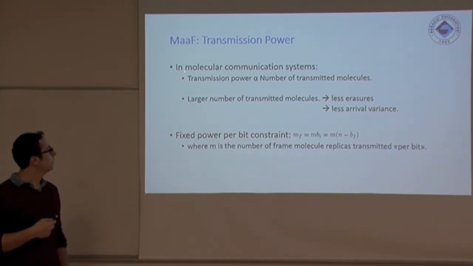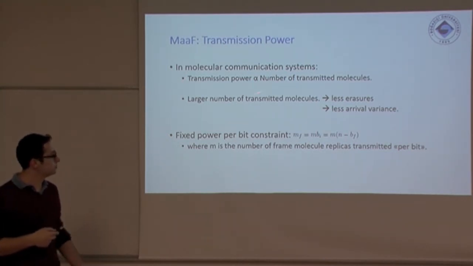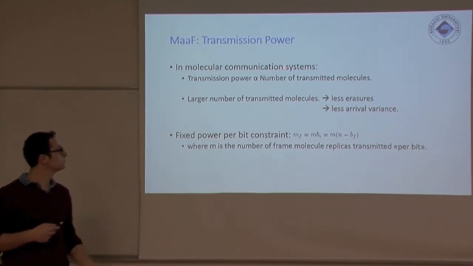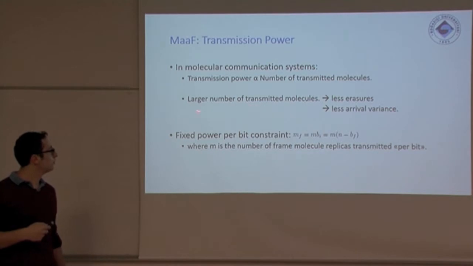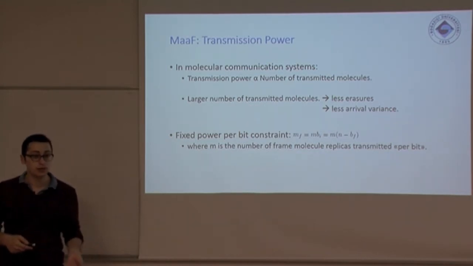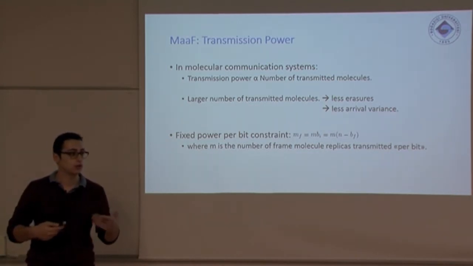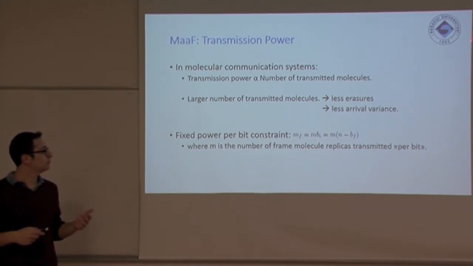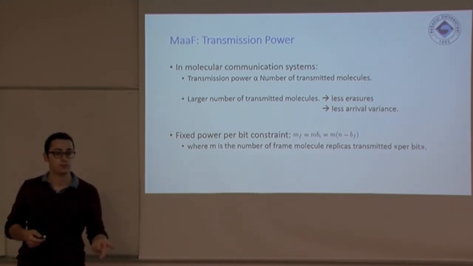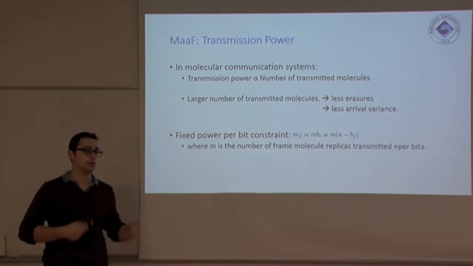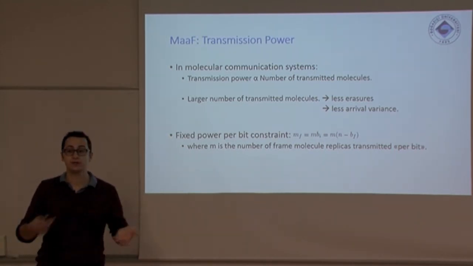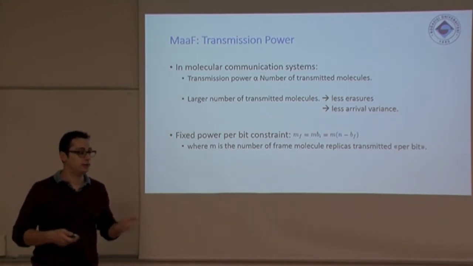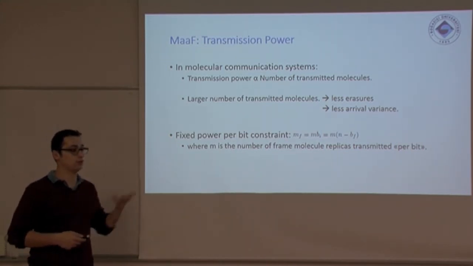So okay, in a molecular communication system, transmission power is proportional to the number of transmitted molecules, as I said before. But transmitting a larger number of molecules helps us a lot in terms of having a less noisy signal. Because of the nature of the signal, the relative variance of the signal decreases with increasing number of transmitted molecules.